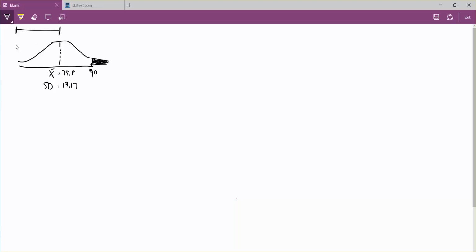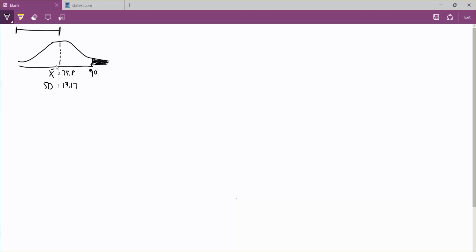Essentially I know from here to here is half. So 50% of the numbers have to fall on this half, and 50% have to fall on this half. The values that I'm interested in finding don't actually fall here.